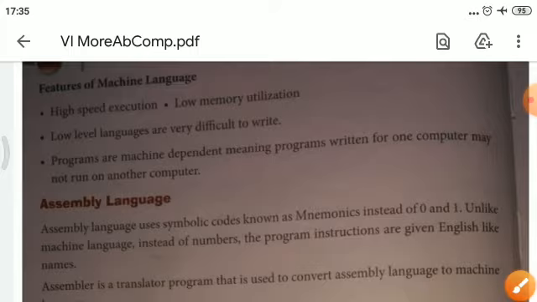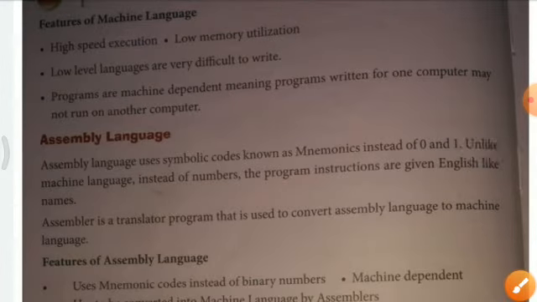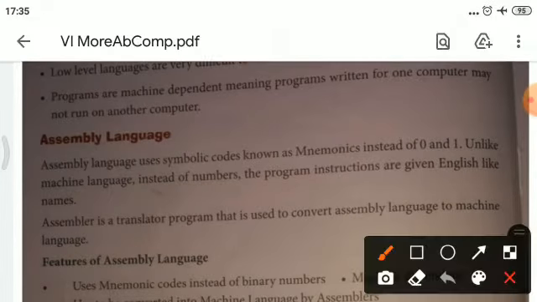Okay, students, and now here we will see assembly language. Students, you should keep in mind low level languages are divided into two categories. First is machine language and second is assembly language. Here, assembly language uses symbolic codes known as mnemonics instead of 0 or 1.